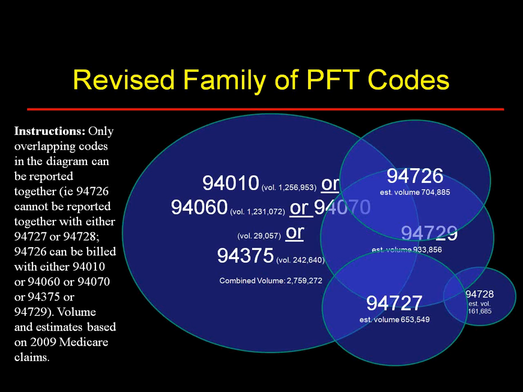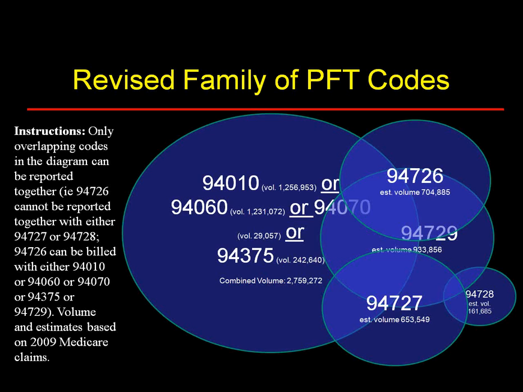This is the best visual description that I could come up with for people to visually understand how to be reporting pulmonary function testing. The size of each of the ovals in front of you reflects the volume of the original studies billed for plethysmography, gas dilution, spirometry, and diffusing capacity to Medicare back in 2009.